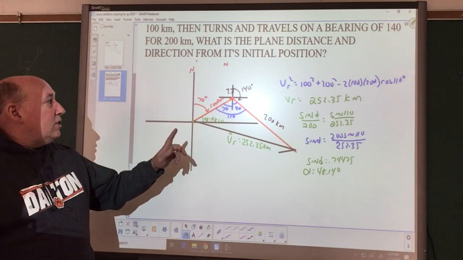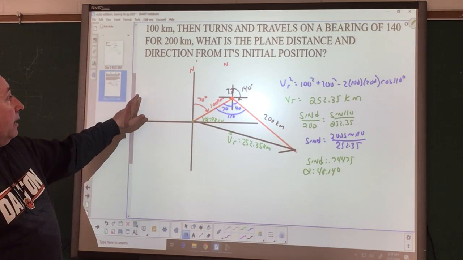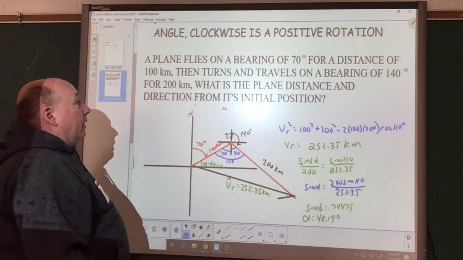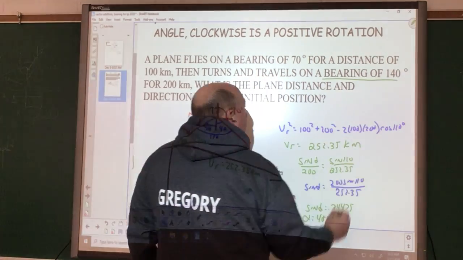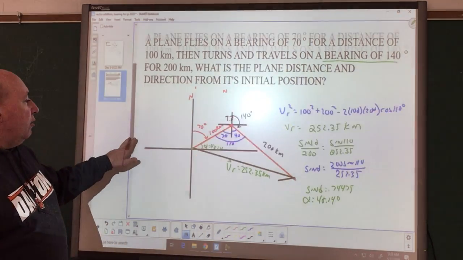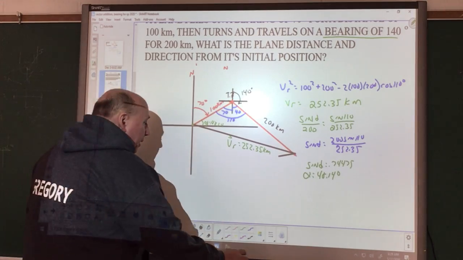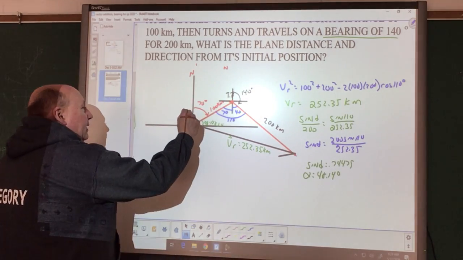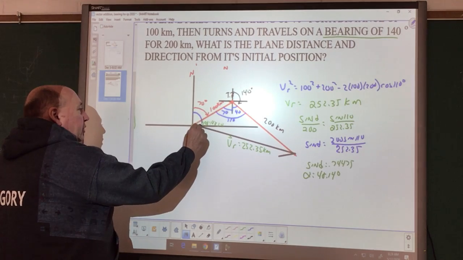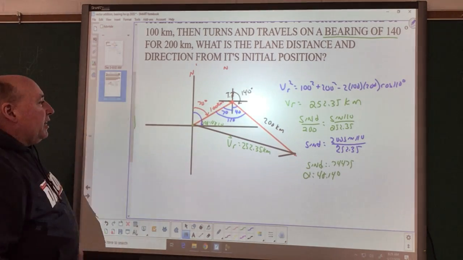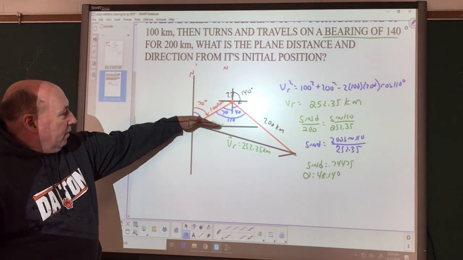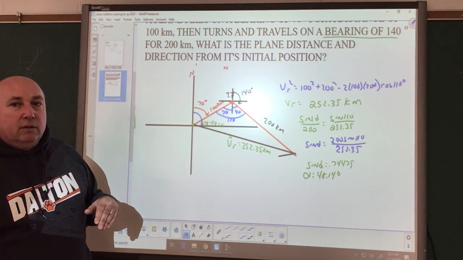Now we started out in bearing as my direction. My solution also needs to be in bearing, which means I need to know how much of rotation do I have from here down to my resultant vector. Victor?